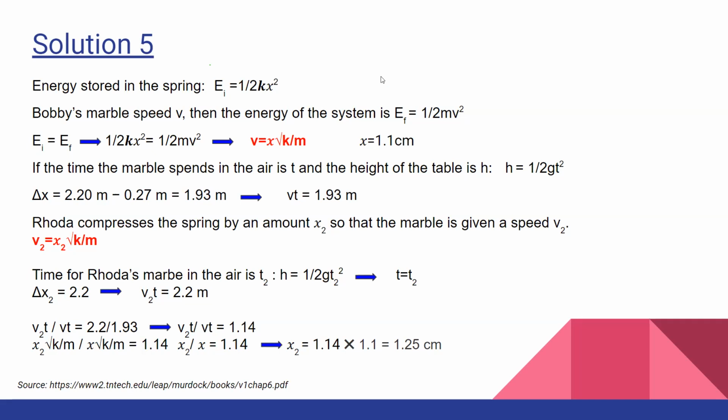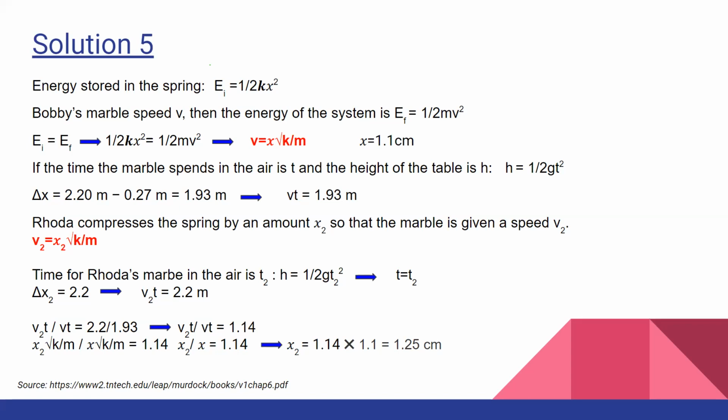So we can set these equal to each other because throughout this entire process of the ball launching from the launcher into landing on the floor, we're assuming there's no air resistance or work done by the air against the ball. So we can use conservation of energy. All of this elastic potential energy is converted into kinetic energy.